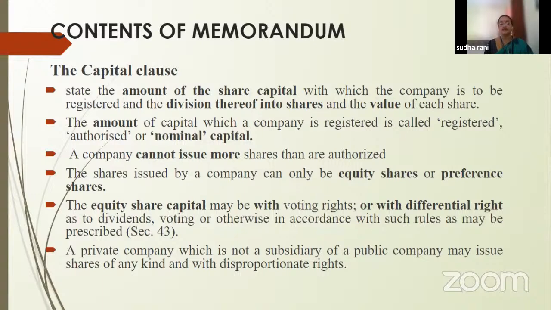Not only that, the company is going to get prospective customers, investors or subscribers based on the details given in this document. That's why it has to be prepared very carefully, and changing involves a lot of effort. That's about the Memorandum of Association. After this, we have Articles of Association and their alteration. We will discuss these in our next class.